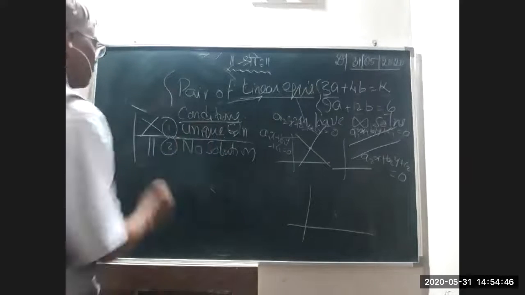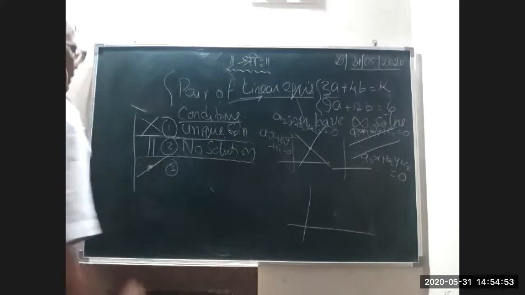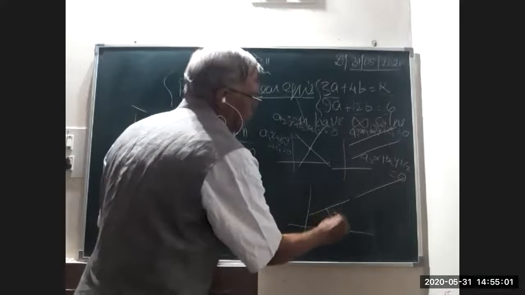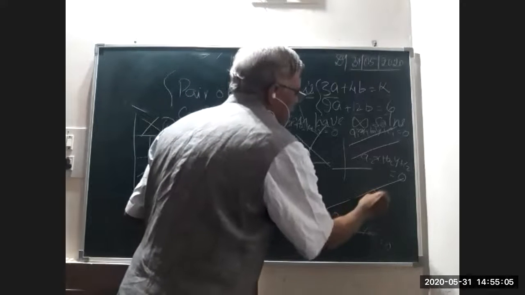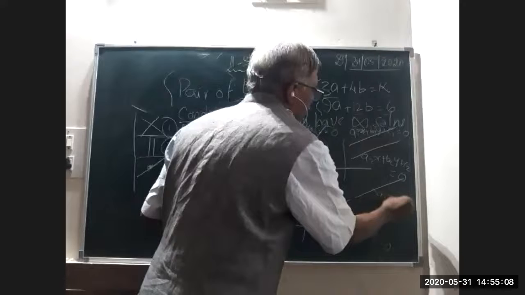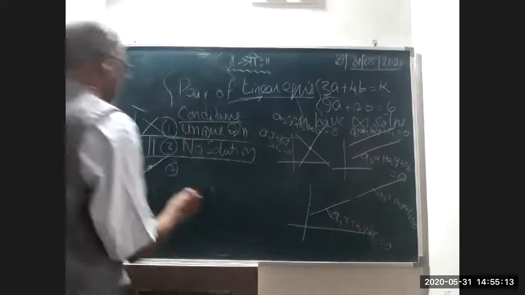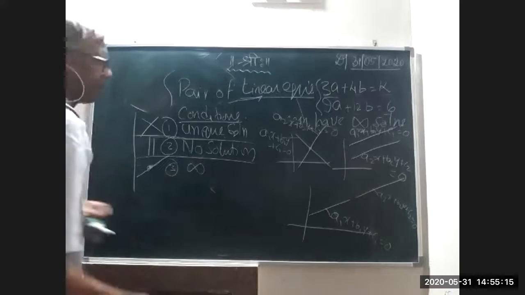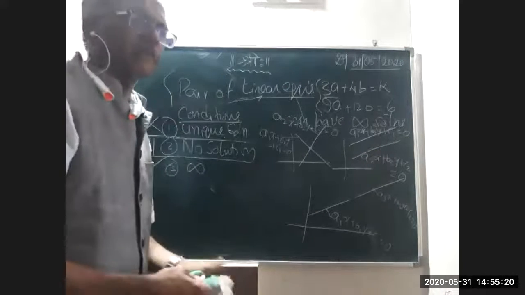Intersection, unique solution. Now the third one, if the two lines are collinear or coinciding with each other, a1x + b1y + c1 = 0 and a2x + b2y + c2 = 0, in such a scenario we have an infinite number of solutions. That means it is never ending because they both are in the same collinearity.